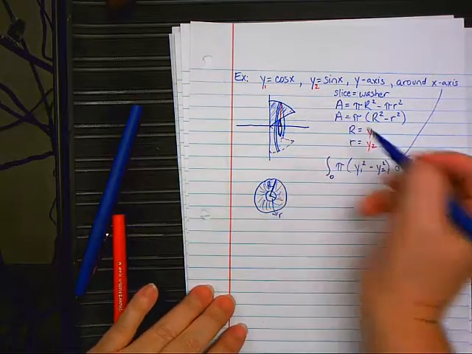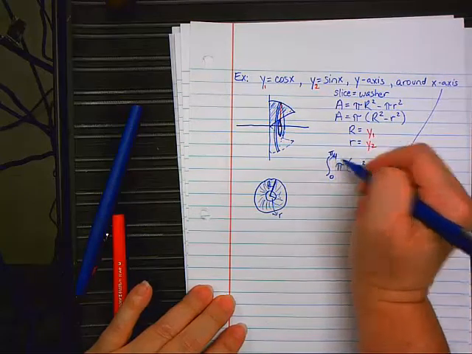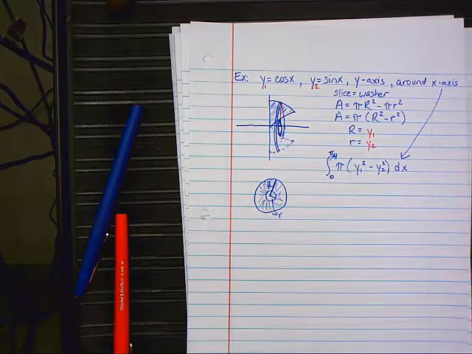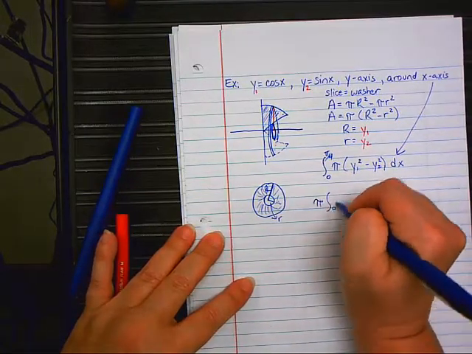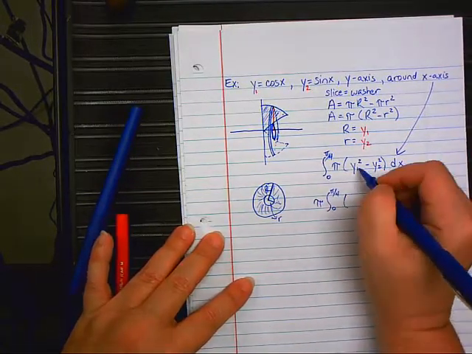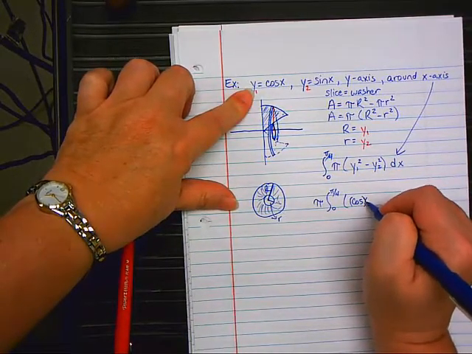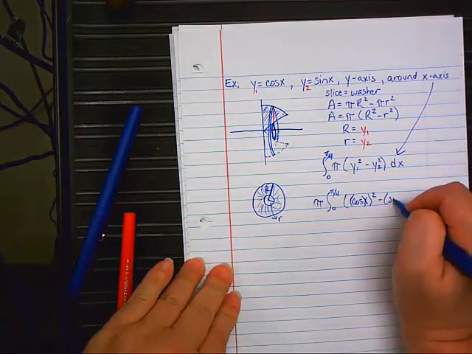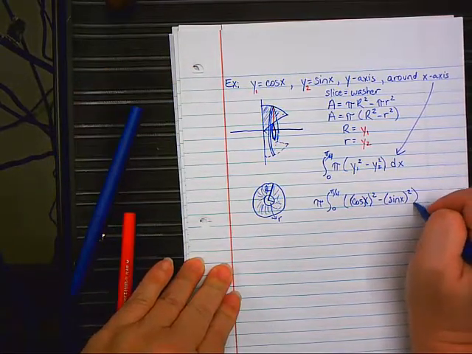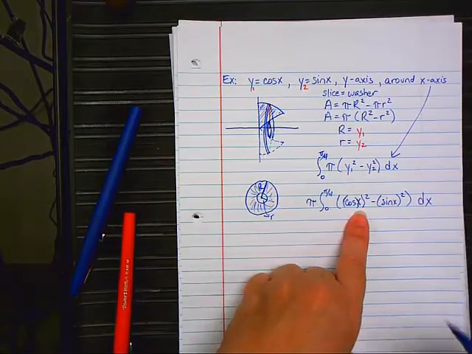So that's where they would meet, which is pi over 4. So we're going to pull out the pi. 0 to pi over 4. Y1 is cosine of x squared minus sine of x squared dx. That's the way it's going to have to look in the calculator.